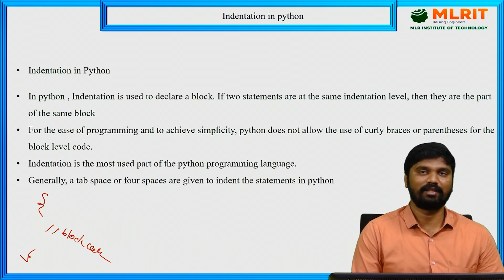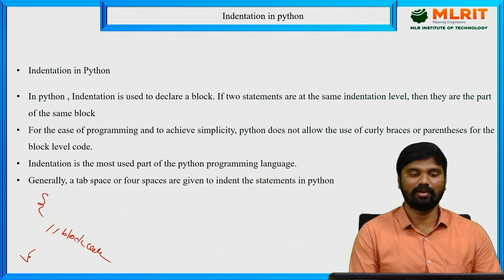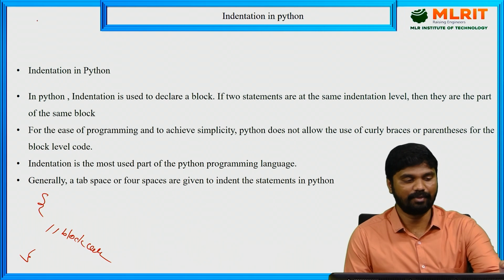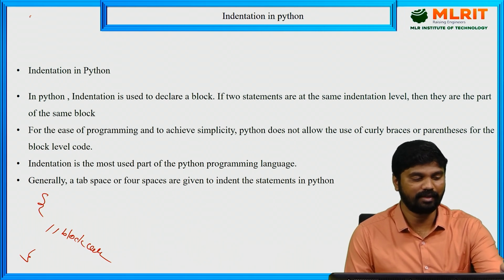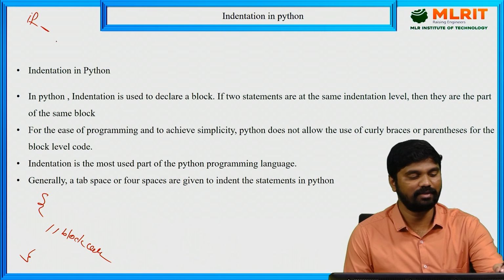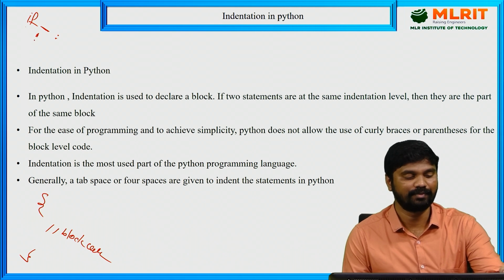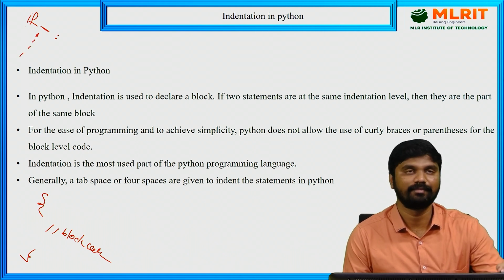But in Python, to declare a block, we have to use indentation. For example, if you take an if, some condition, then a colon. After that we write the statements after some space from the left.